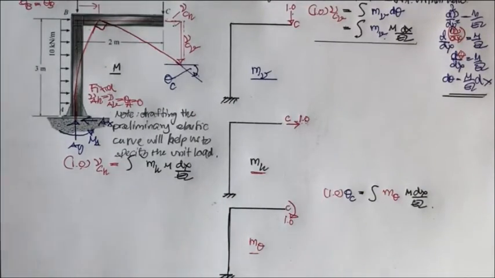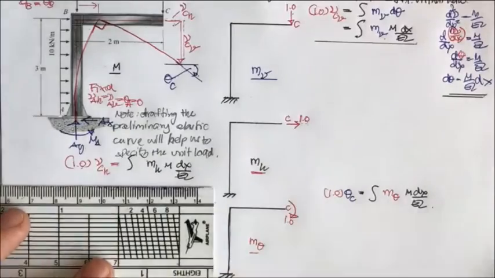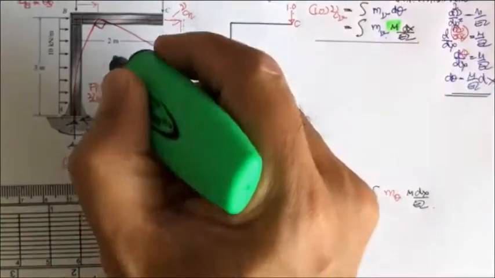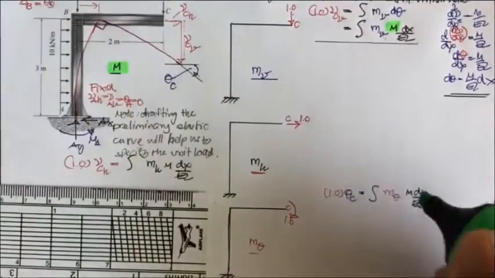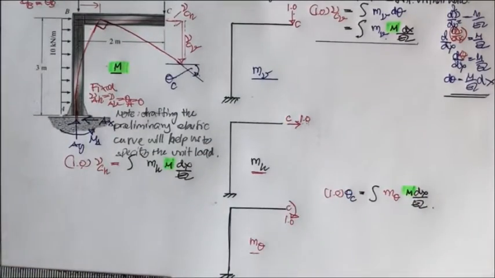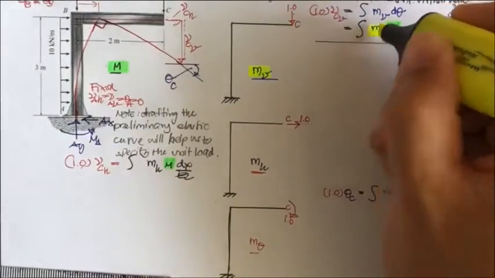Okay, that is the first step. That's us setting up the concept of the method of virtual work, or unit load method, for the problem we have. The next step is we're going to determine the M, because we're going to use a lot of the bending moment due to the applied force, and also we have to determine m sub v to put it here.